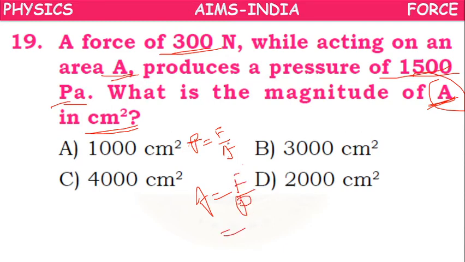Force how much? 300 newtons. Pressure how much? 1500 pascals. So 2 zeros cancel. We are getting 3 by 15.